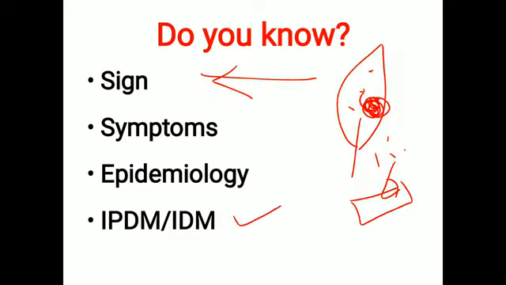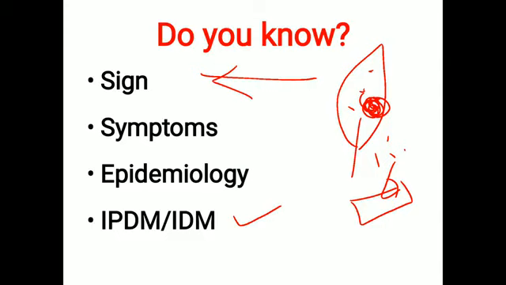As we know from the previous lecture, IPDM is integrated plant disease management, where we have to utilize a combination of all possible methods of disease control for management of disease. For example, we use cultural method, physical method, mechanical method, biological method for the management or control of that disease. It is called IPDM or IDM.